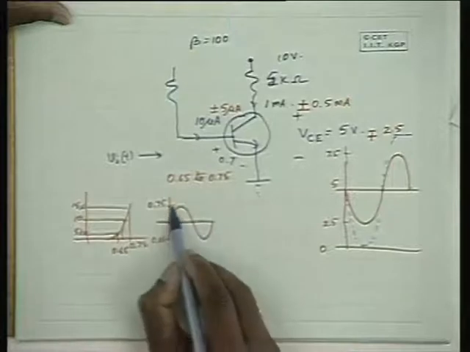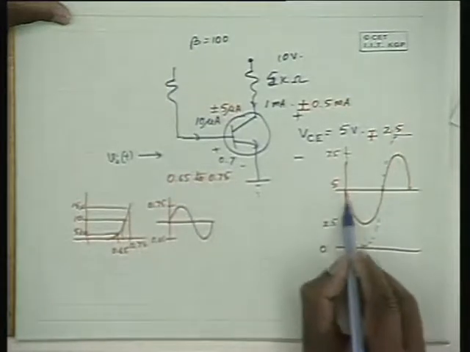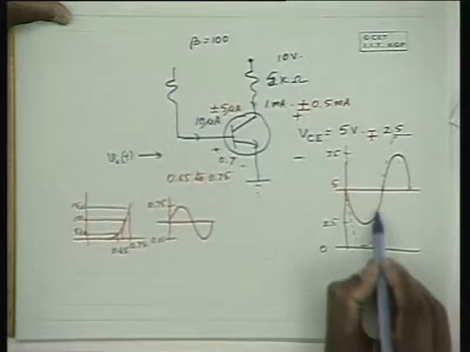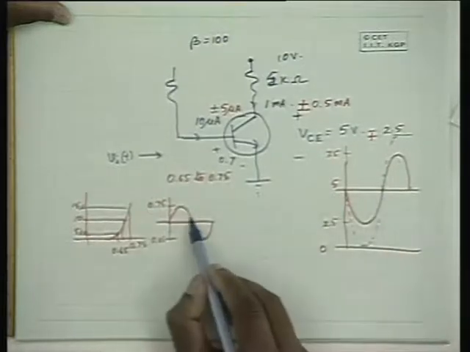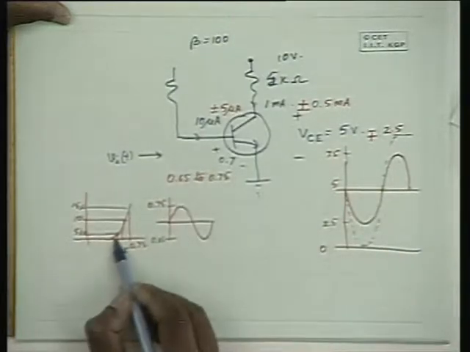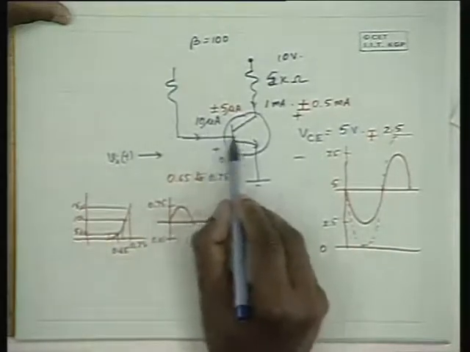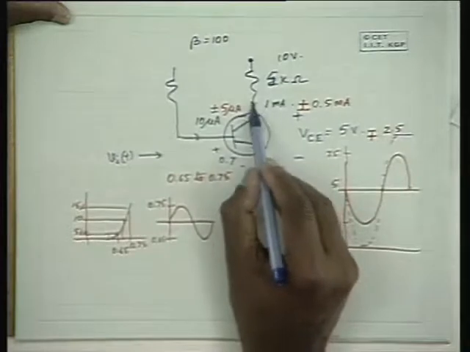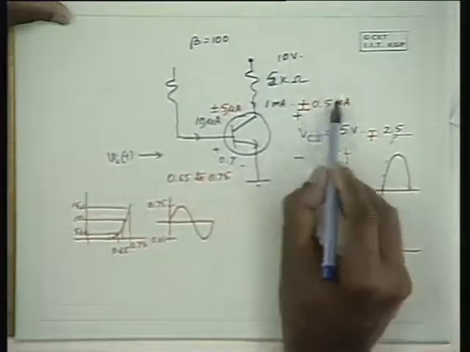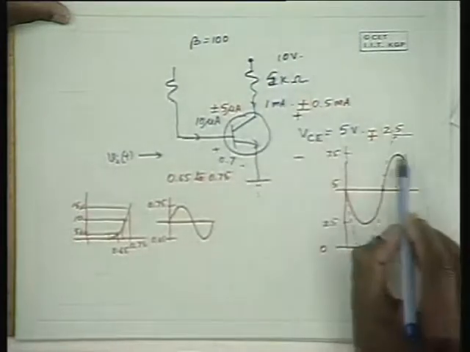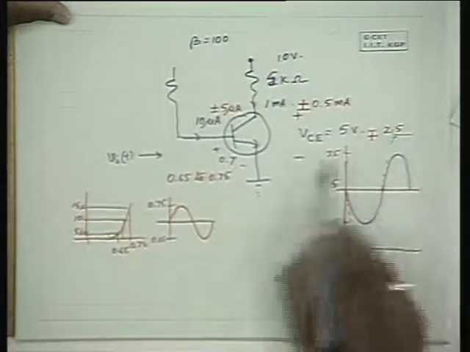So if this input voltage is too high, you will have distortion occurring here, and if this input voltage is too low, the input current may be 0 and base current may be 0, therefore the output collector current would be 0, and the output voltage will be fixed at 10 volts itself. So the output will be distorted at 10 volts.